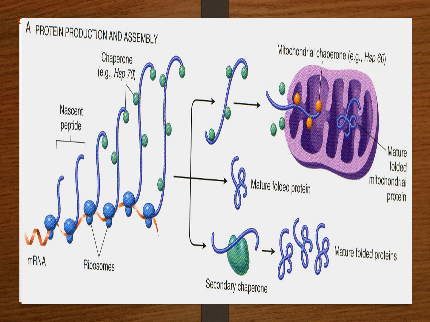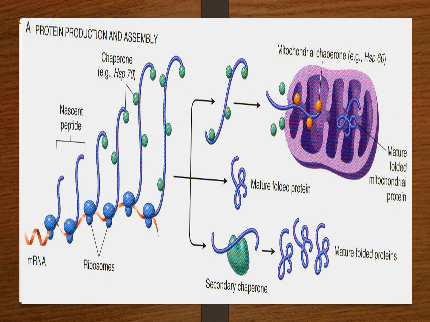Chaperones are nothing but heat shock proteins, HSP70, HSP60. These will help in forming protein folds, mature folded proteins. These chaperones can be mitochondrial, or secondary chaperones may also be seen.